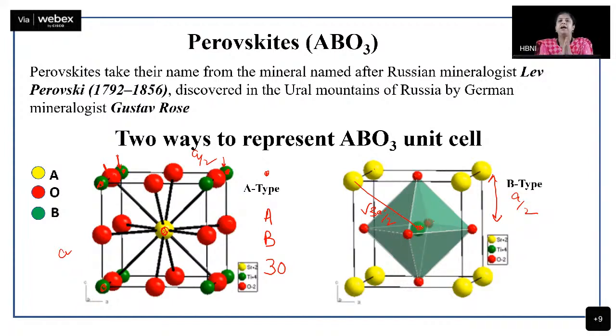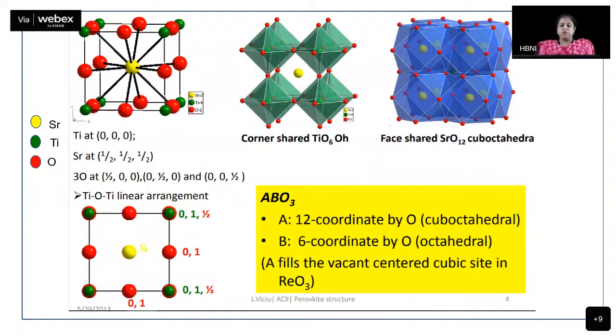And now if you try to imagine, you can see that the coordination number of A, that is your yellow ball in the left hand figure, in terms of oxygen is 12. It has 12 oxygens surrounding it. So we can say that your ABO3 structure is formed by BO6 octahedra and AO12 cuboctahedra. All right, so this is how it is shown here.